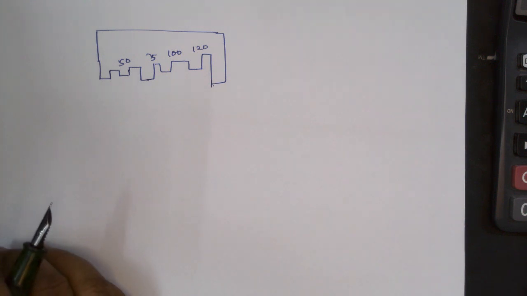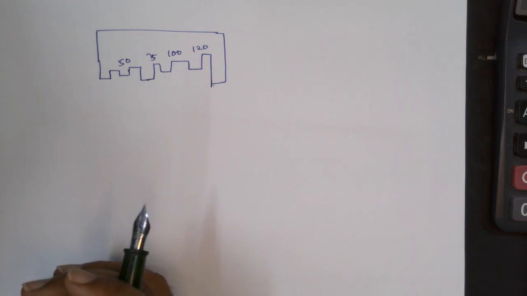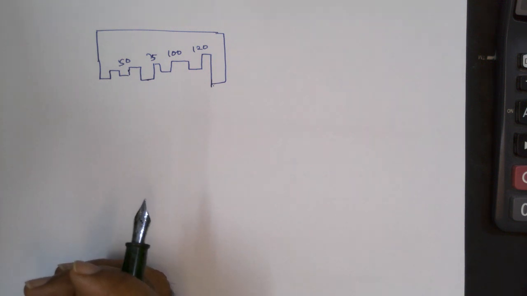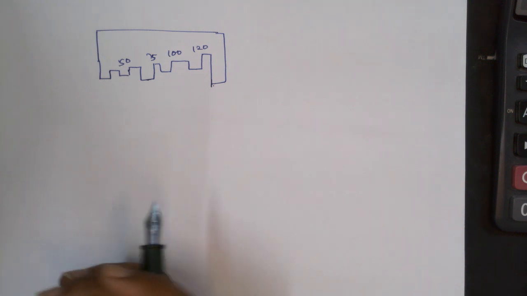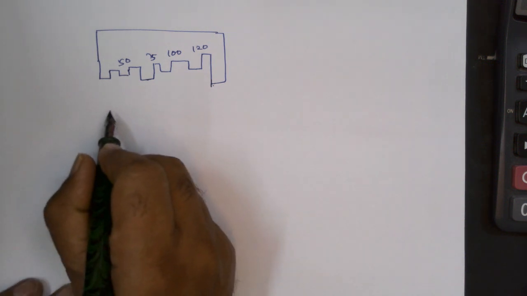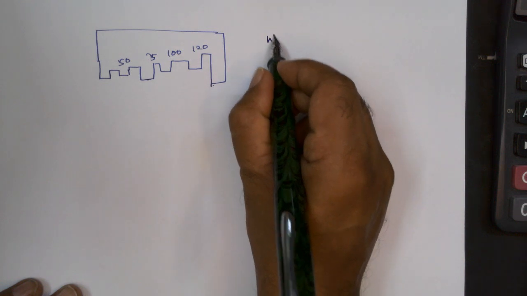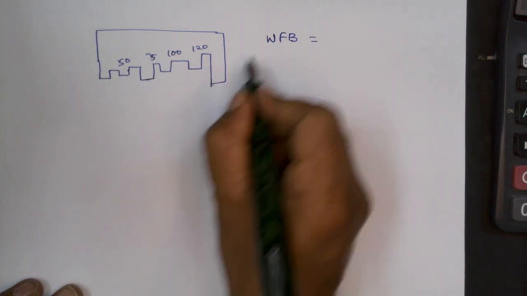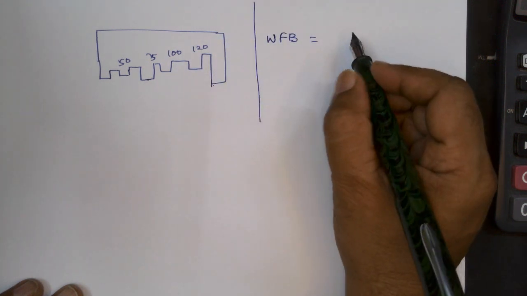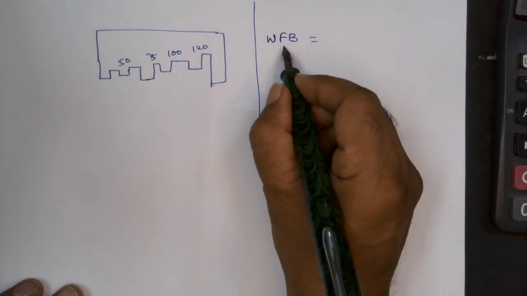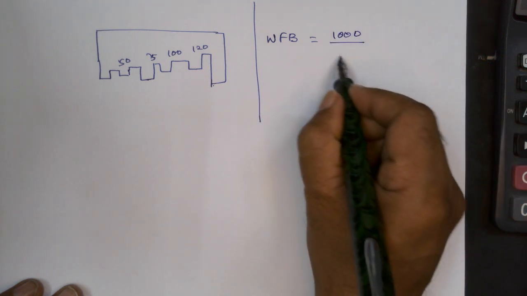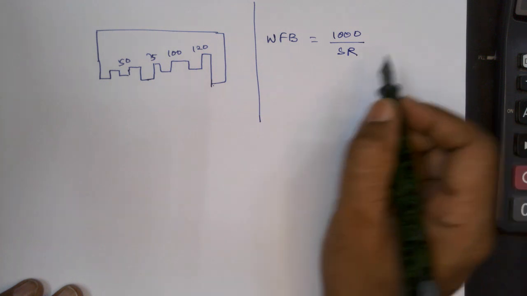And not only that, the wet film thickness of a paint can also be calculated if the spreading rate is uniform, and if it is known, then we can calculate WFB. This is a direct gauge, but we can work it out from the equation also, that is WFB is equal to 1000 divided by spreading rate.